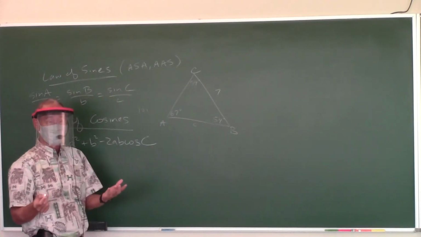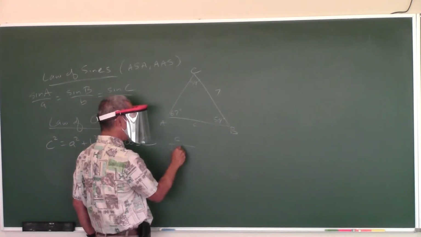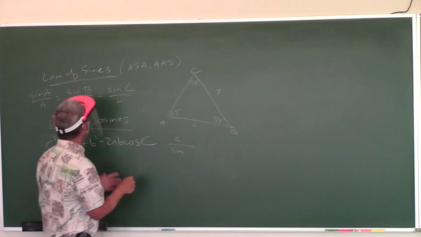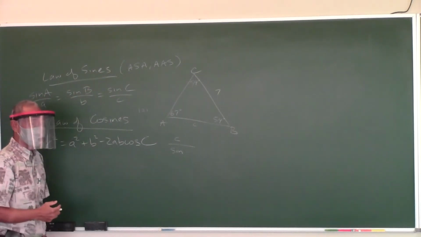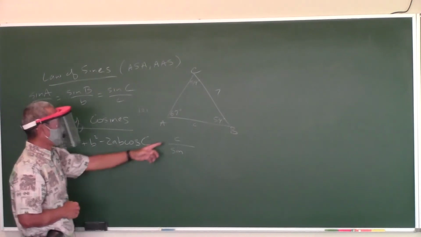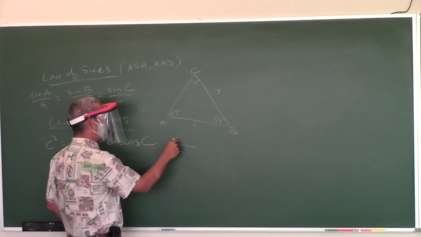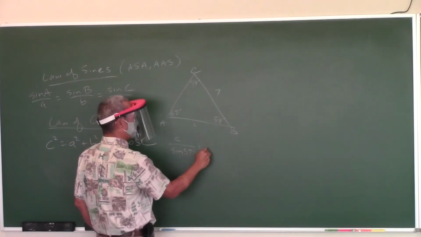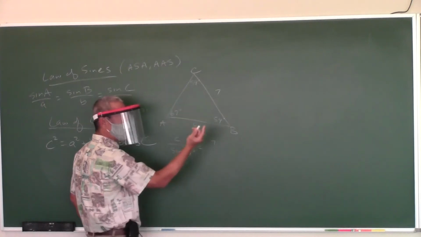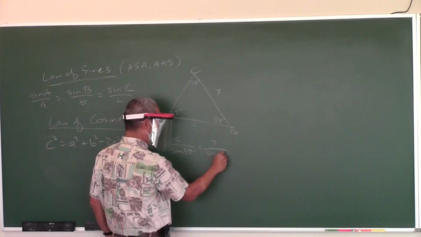So now you can simply use the law of sines. C over sine, see, the thing, Mr. Park, it's still upside down, but it doesn't matter. You can just reciprocate each one, right? So that whatever I'm trying to find, I put that in the top. Okay? So C over sine 59 degrees is equal to 7, which is the only other side I know, over sine 67 degrees.